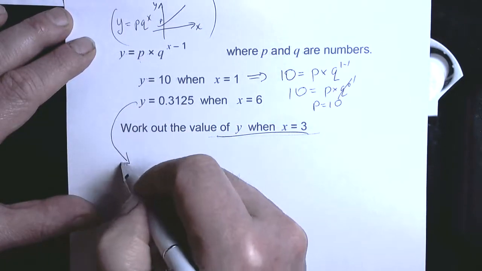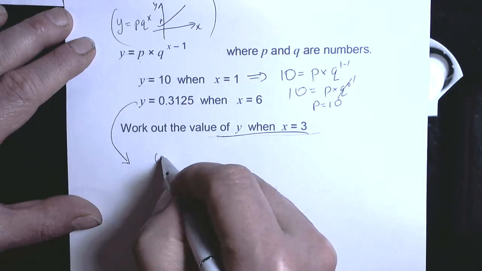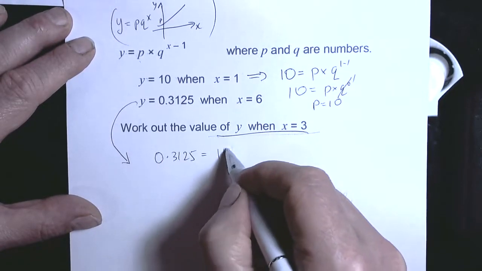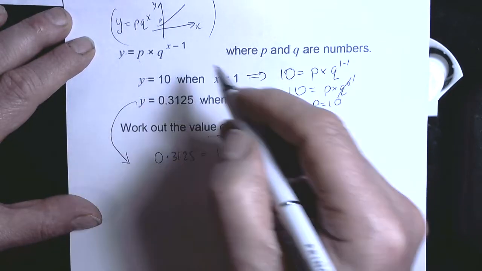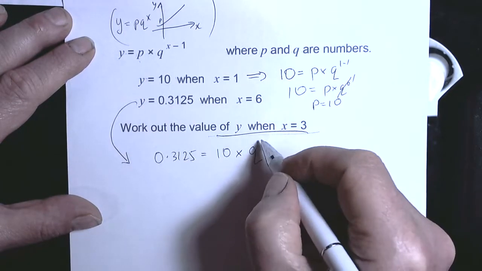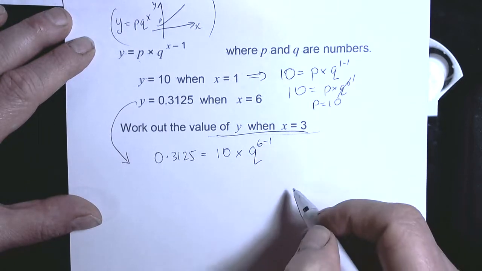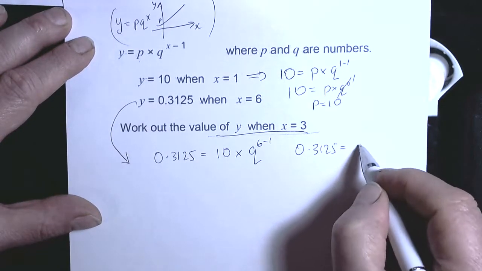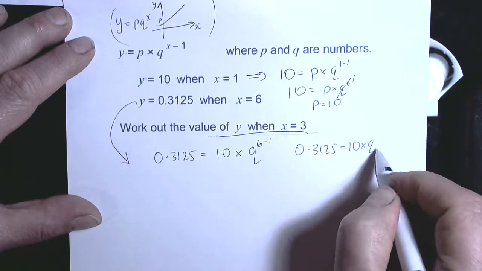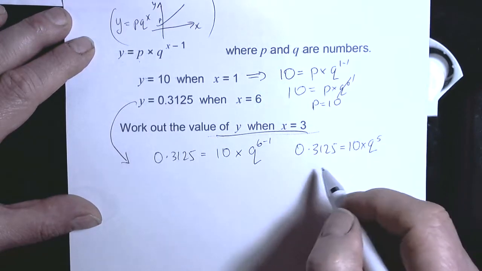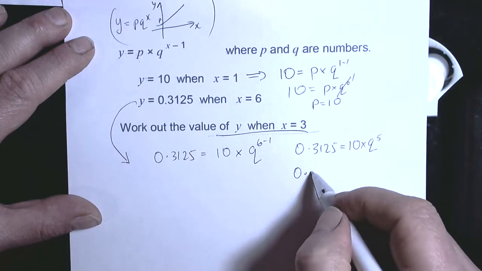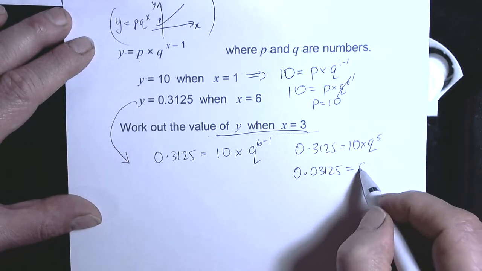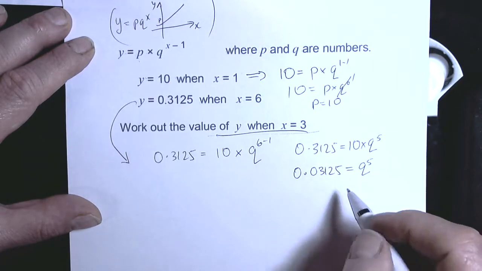And then this one, it tells us that when y is 0.3125, it was because we did 10 times, because we replaced the p with its value, q to the power of 6 take away 1. So we have 0.3125 is equal to 10 times q to the power of 5, divide by 10, so we have 0.03125 is equal to q to the power of 5.